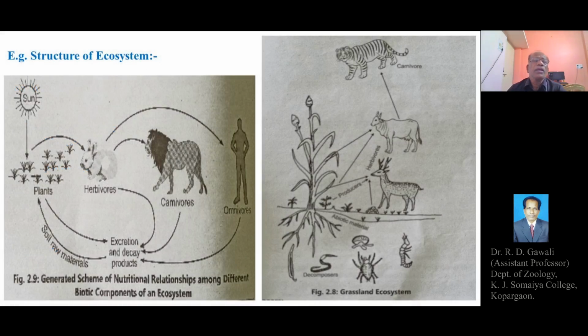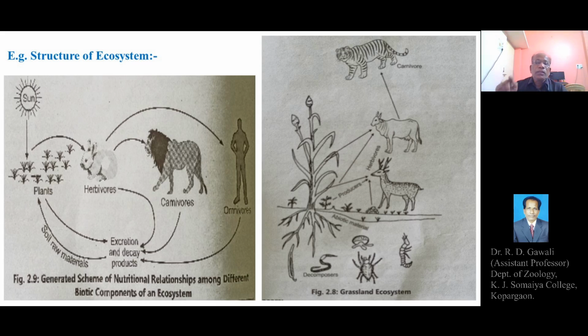So this is the image representing the structure of the ecosystem. In the left side diagram, we can see the generated scheme of nutritional relationships among different biotic components of an ecosystem.